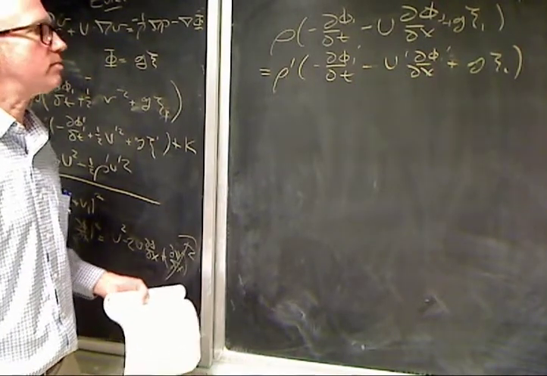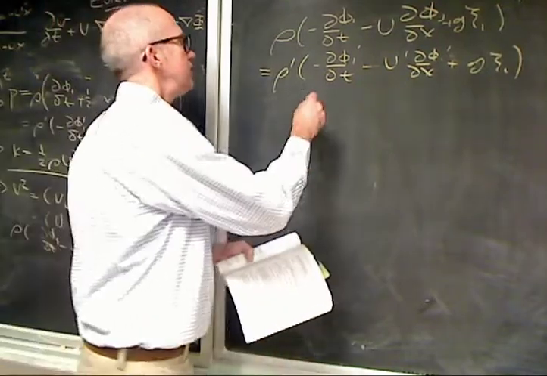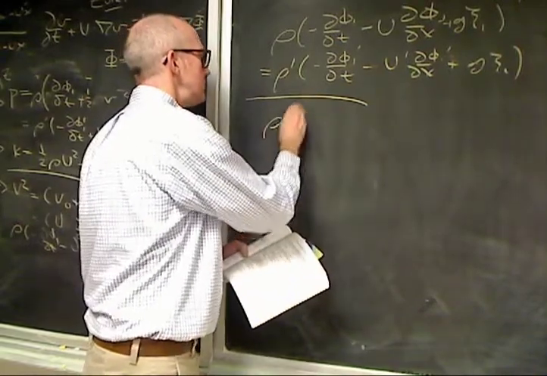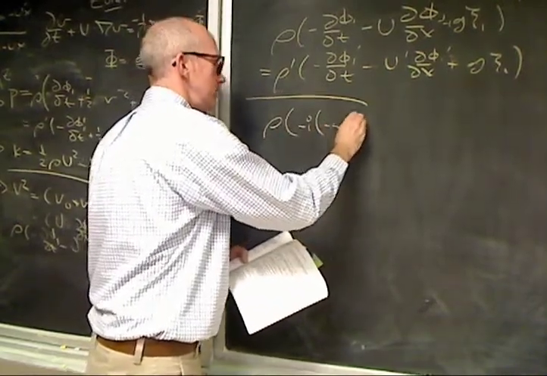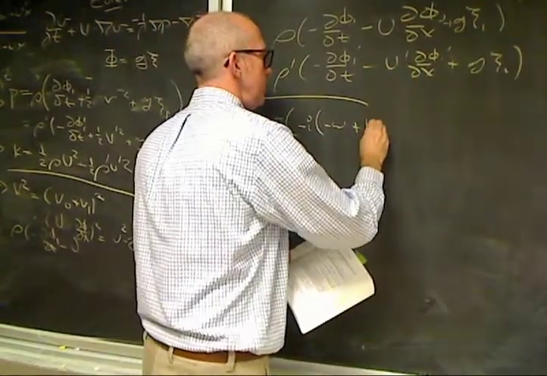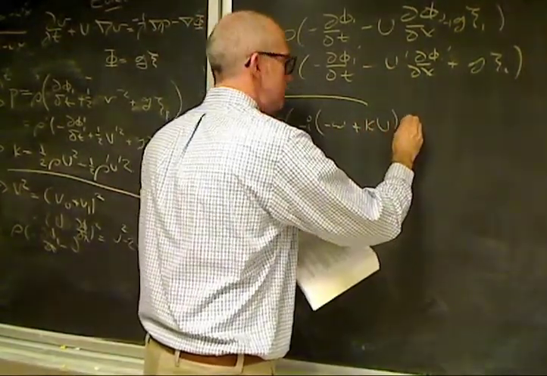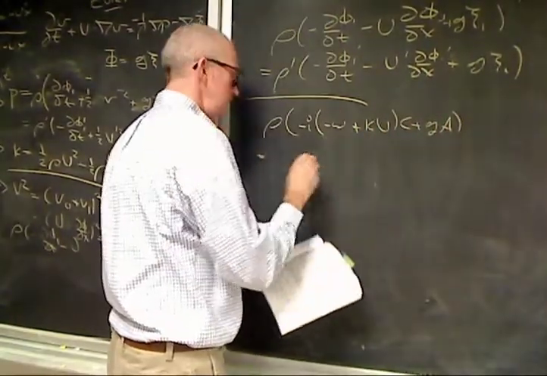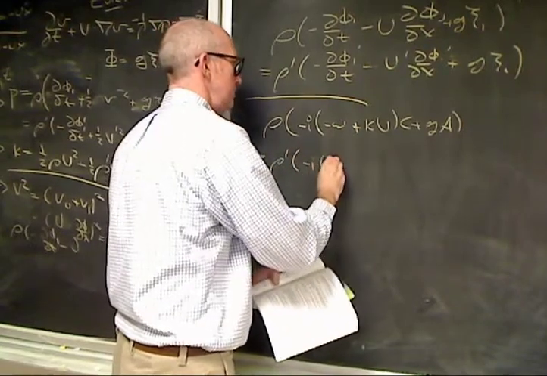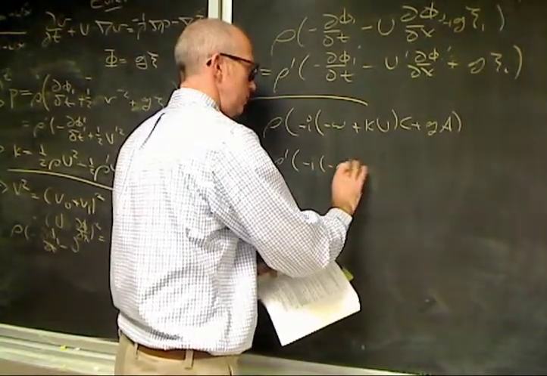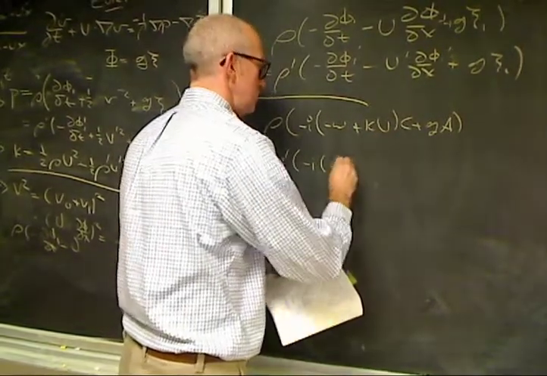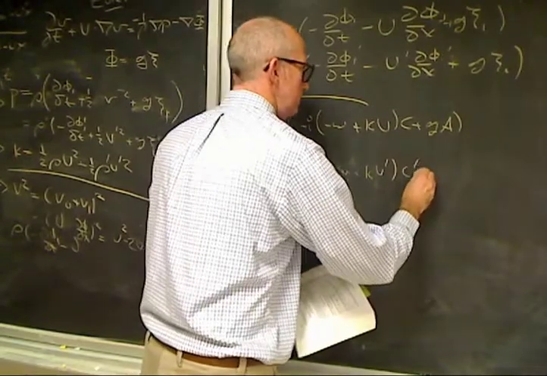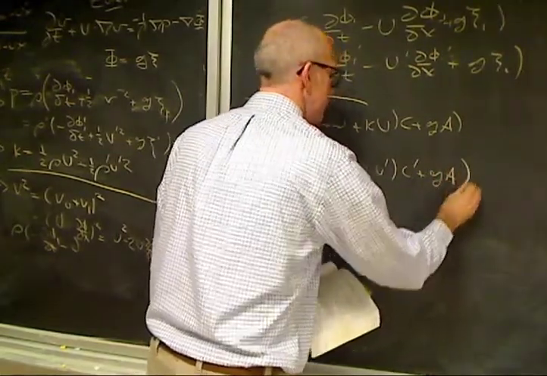And now we plug in our Fourier modes, and we do this really carefully, and we're left with rho times minus i times minus omega plus k u times c plus g times a equals rho prime times minus i times minus omega plus k u prime c prime plus g a.